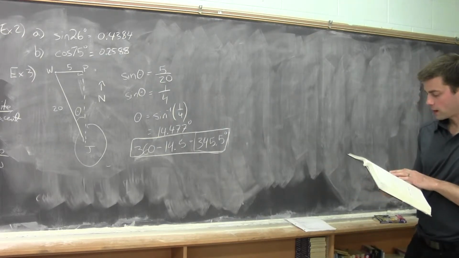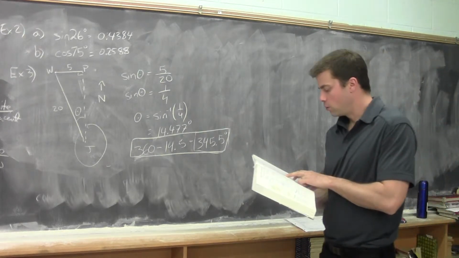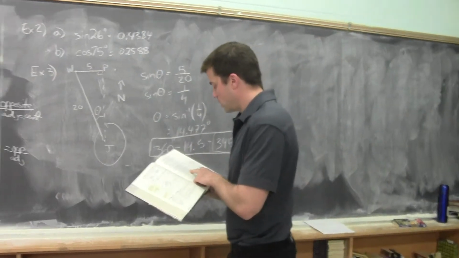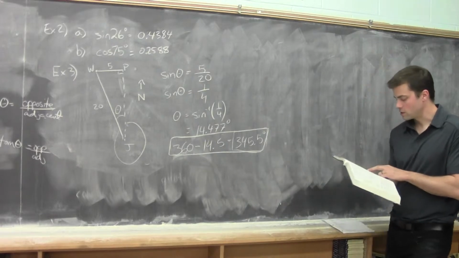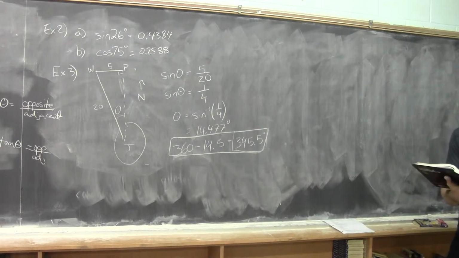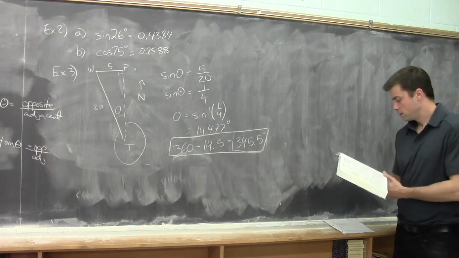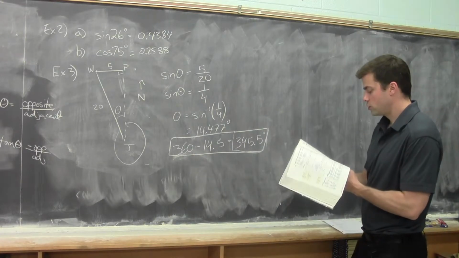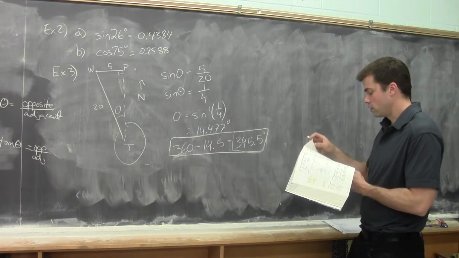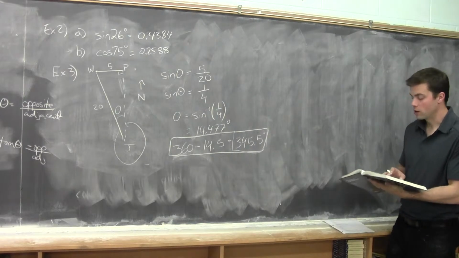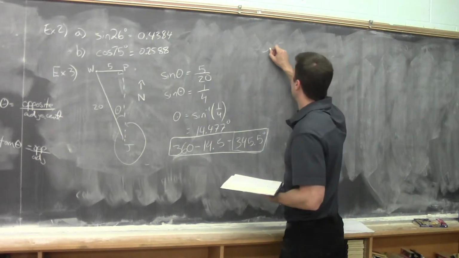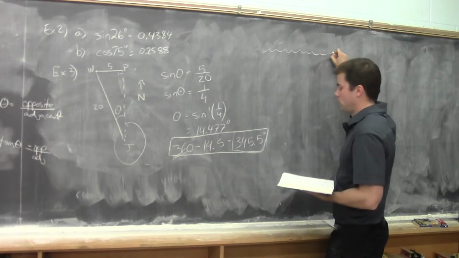Alright, B says, Captain Jack is in communication with a submarine that is cruising at a depth of 400 meters below sea level. If Jack's radar tells him that the submarine is 500 meters from Jack, due north of his ship, at what angle is the submarine located with respect to Captain Jack's ship to the nearest degree? So, we're looking at the surface of the water here.